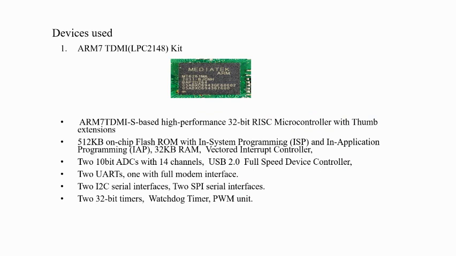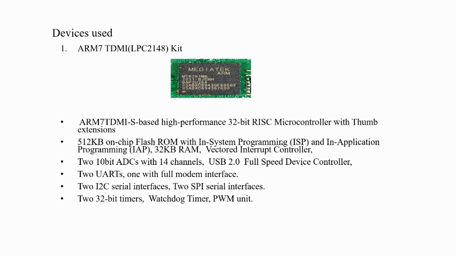We are going to use the following devices for the execution of our code. First, the ARM7 TDMI kit. The ARM7 TDMI kit has a microcontroller ARM7 TDMI, which is also known as LPC2148. It's a high performance 32-bit RISC microcontroller.